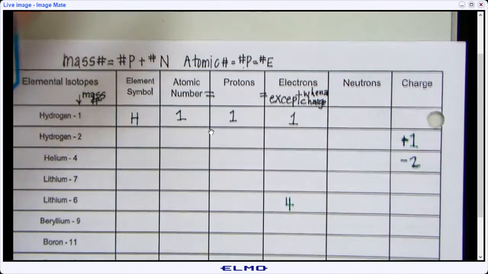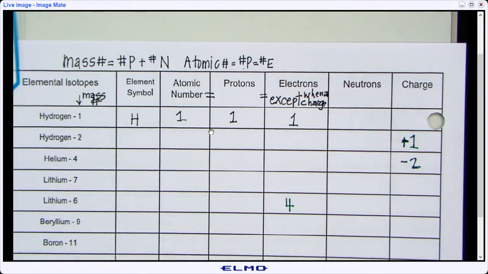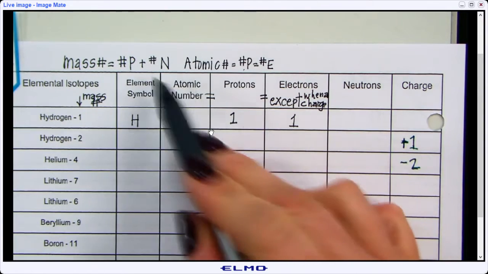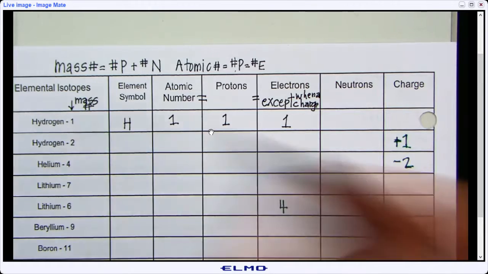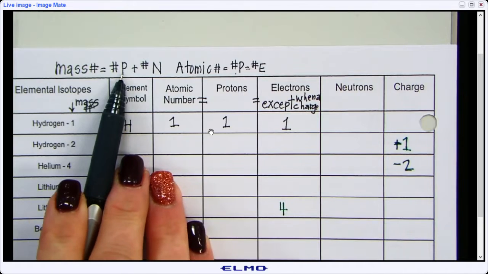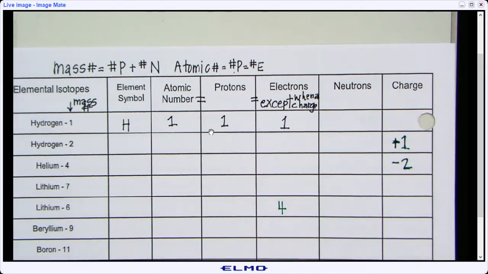Now to find neutrons, you're going to need to use your equation: mass number equals the number of protons plus the number of neutrons.